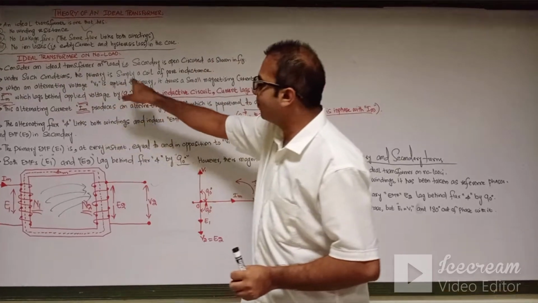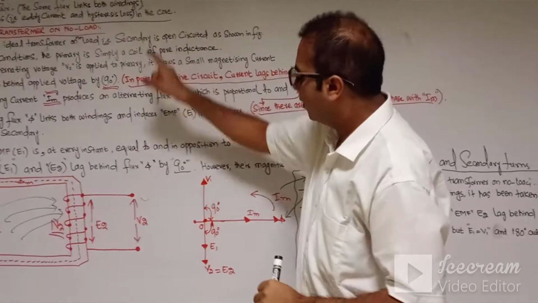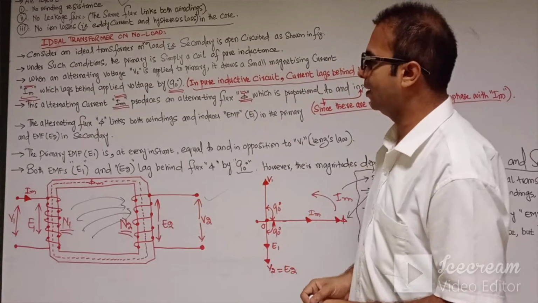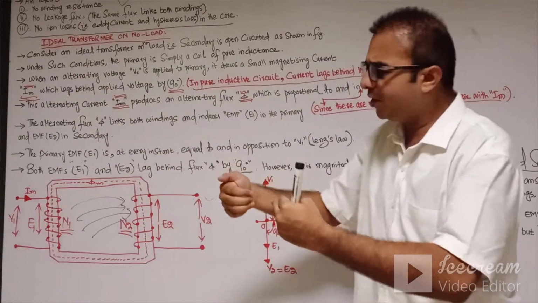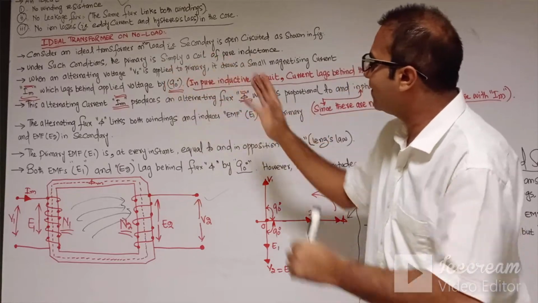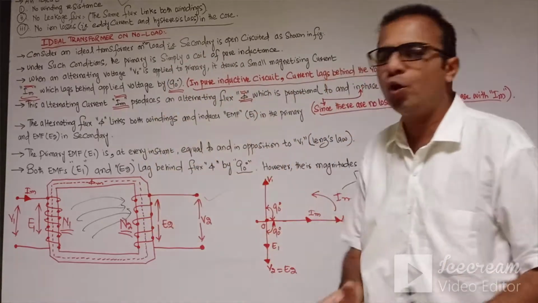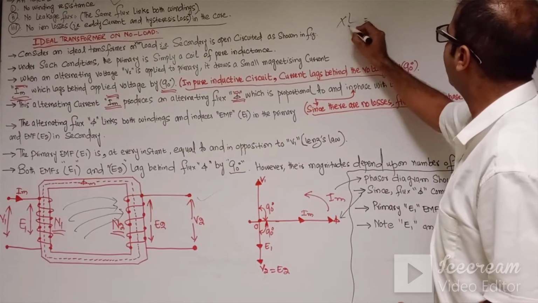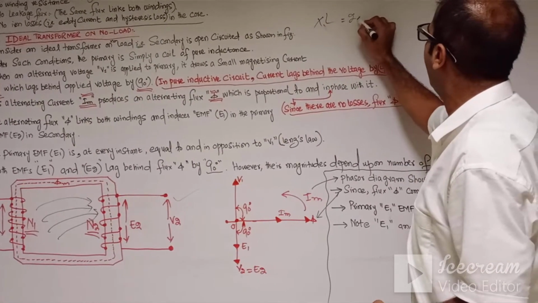So let's discuss the ideal transformer working at the no load condition. Consider an ideal transformer at no load, with the secondary kept open circuited as shown in the figure. Under such conditions, the primary is a simple coil of pure inductance, with reactance XL equal to 2 pi FL.